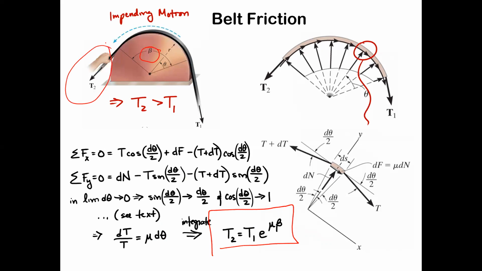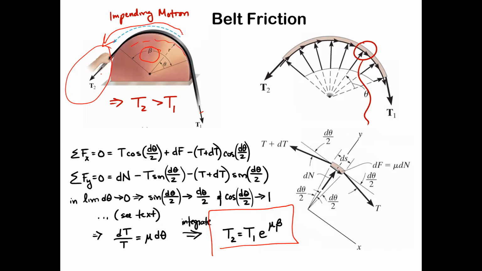So for instance, this person at T2, there's a hand there pulling on the belt, and the impression is that impending motion is the belt is about to slip this way, right? That means friction is going in the opposite direction to oppose that. So if we want the belt to slide to the left, you can agree that that friction force is going to counteract some of that.